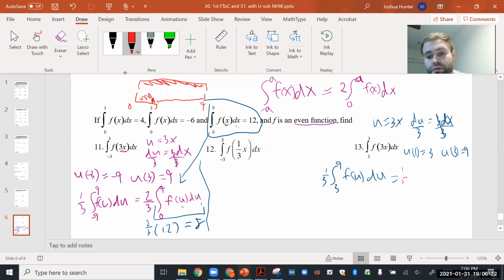I have 1/3 out front. I'm going to take the integral from 0 to 9 of f of u du and subtract the integral from 0 to 3 of f of u du.